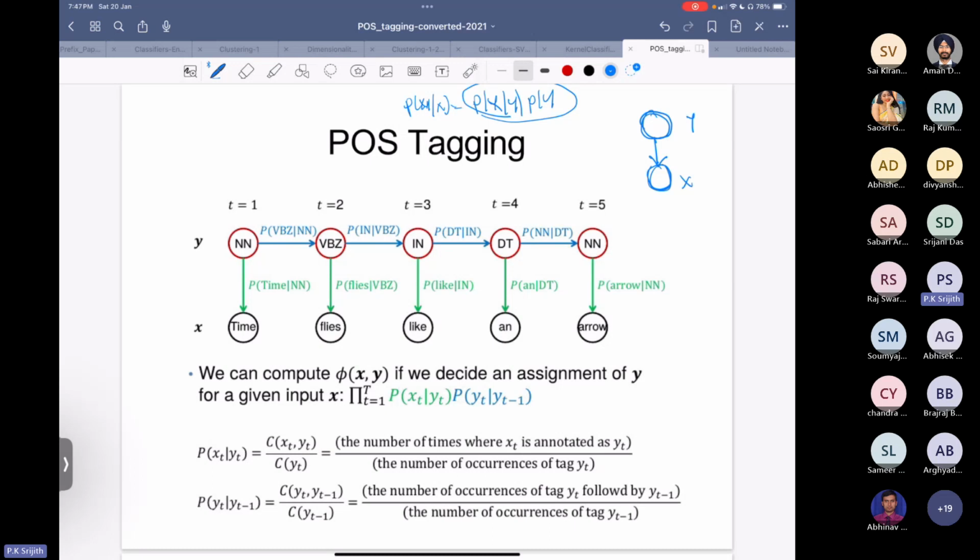These directed probabilistic graphical models are also known as Bayesian networks. This represents P of x given y into P of y. So this is for a simple naive Bayes classifier.